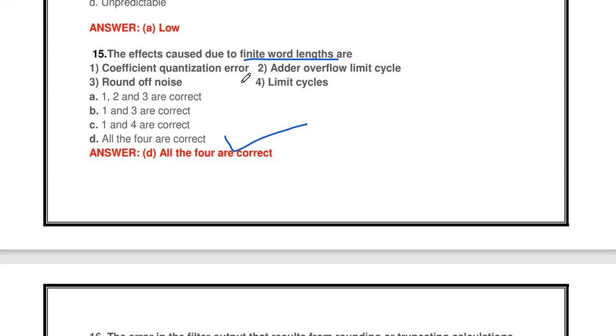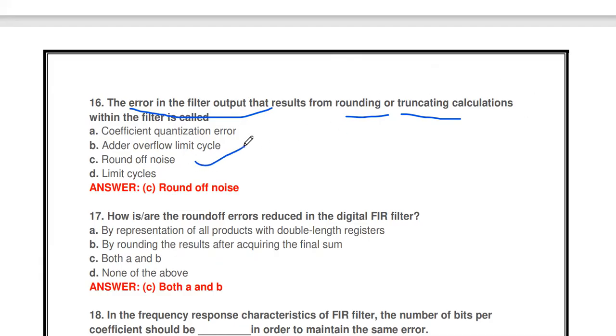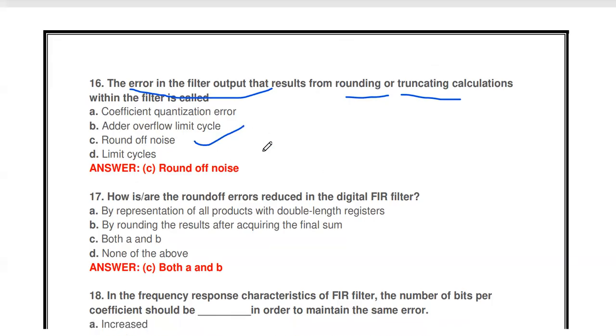These are all the various effects of finite word length. The next thing, the error in the filter output that results from rounding or truncation calculation within the filter is called dash. The error in the filter output due to the truncation and rounding process is called round off noise.